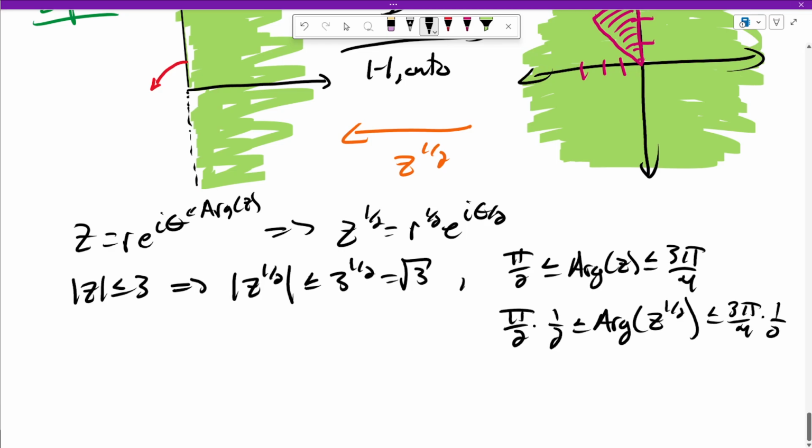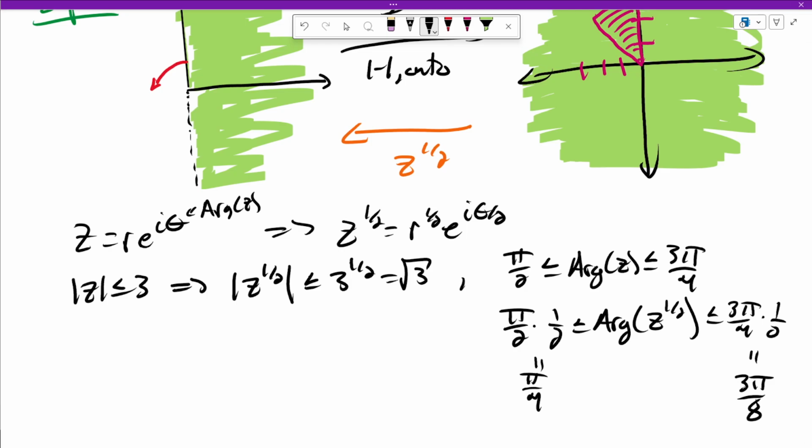So let's see, on the left-hand side this is going to be pi fourths, which is 45 degrees, half of 90, great. And then 3 pi eighths, which is 45 plus 22.5, 67.5 degrees, something like that.